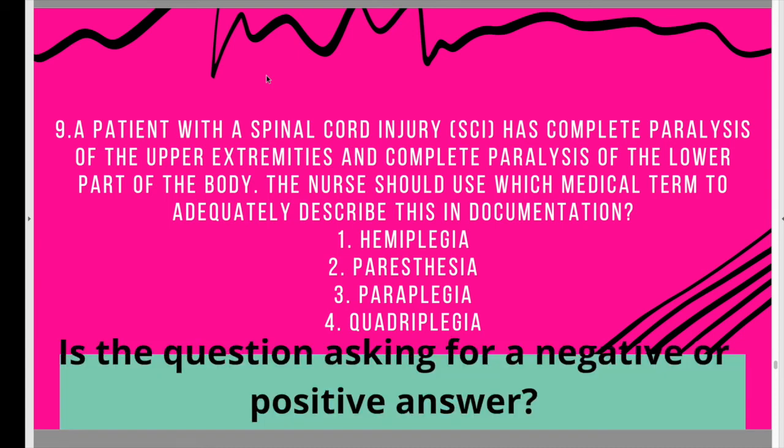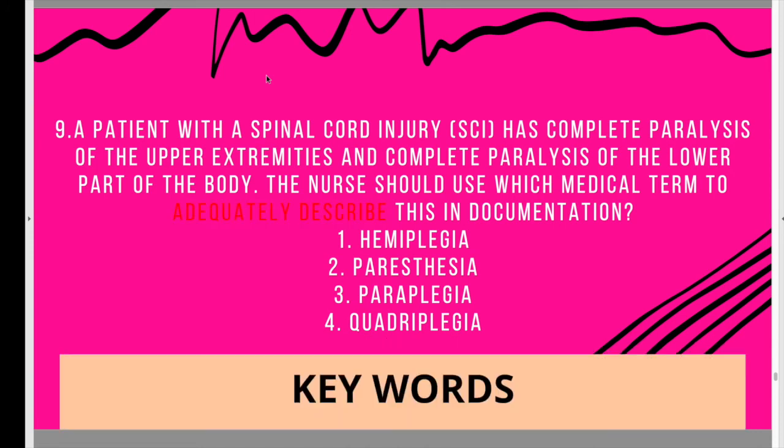Is the question asking for a negative or positive answer? In this question, they are looking for a positive answer. So the nurse should use which medical term to adequately describe this in documentation. So we're looking for the positive answer. So the keyword is adequately describe.